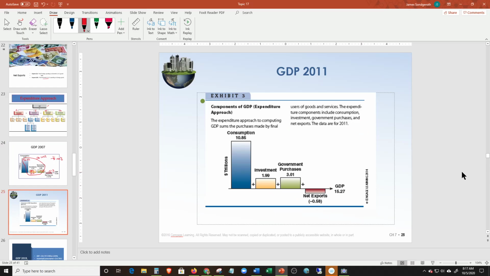And this is from 2011, which is right after the Great Recession, which was 2008 and 9. We started coming out of the recession slowly in the middle of 9. So basically a couple years after the recession.